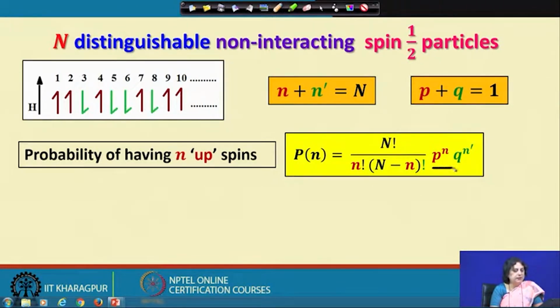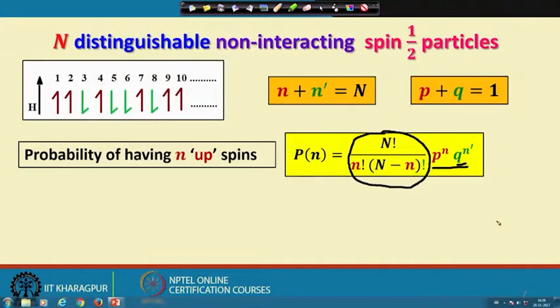This is the part that corresponds to the probability of a given microstate having small n up spins and n prime down spins, where at each site small p is the probability of having an up spin and small q is the probability of having a down spin. And this part is the contribution of having these many distinct microscopic states associated with small n and n prime.